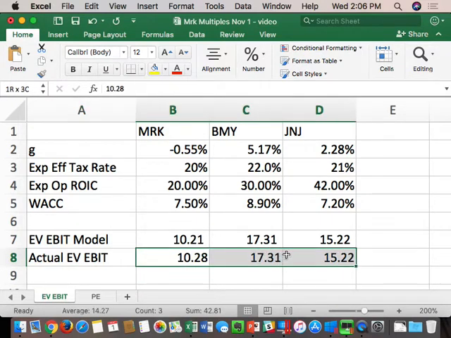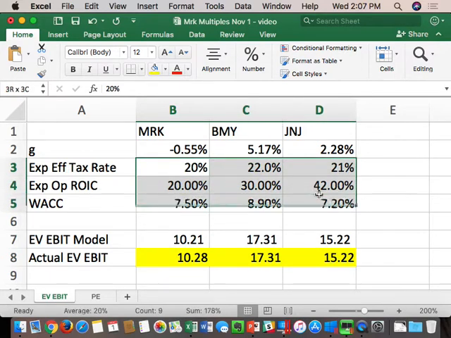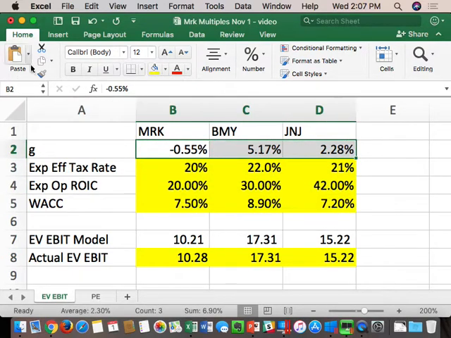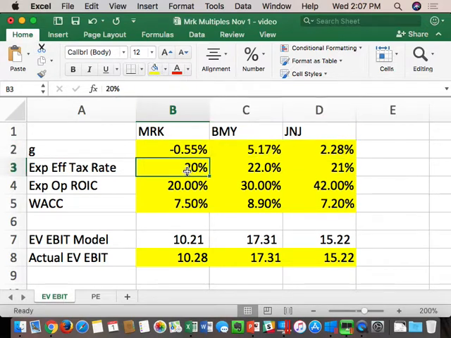So basically we'll need to get that data and get these three data points. And then we're going to solve for the G, so I'll make that yellow as well, just to make sure I know what I'm changing versus what I'm not changing.